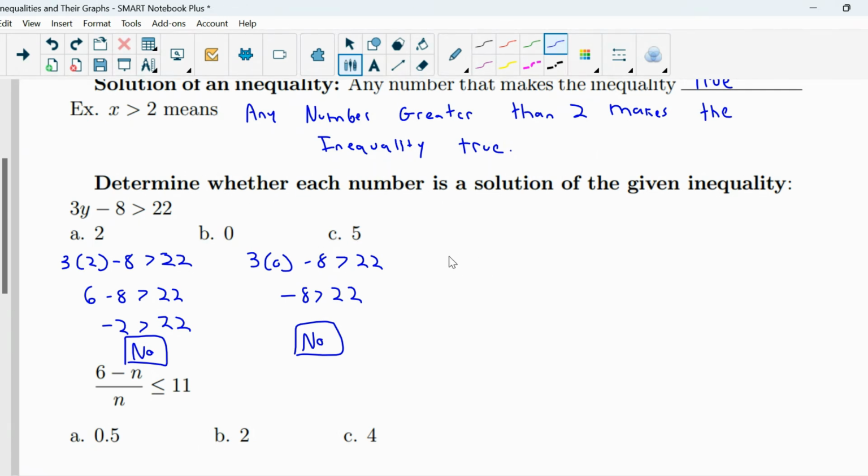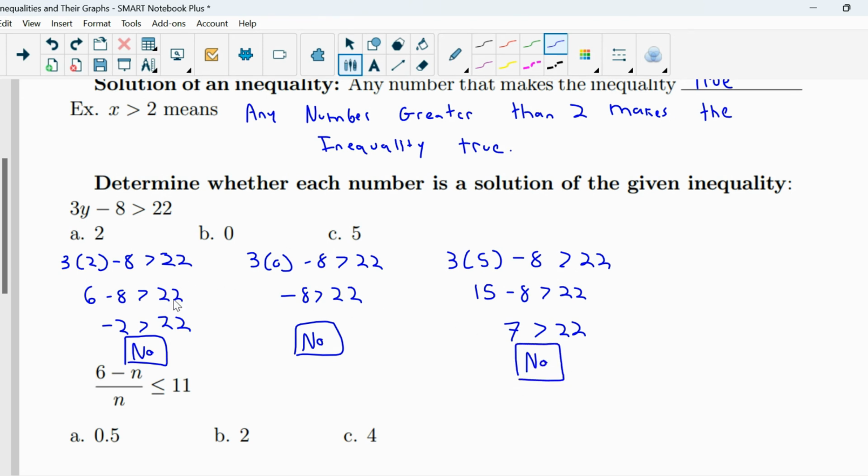Finally, let's substitute 5 into our equation. So that gives us 3 times 5 minus 8 is greater than 22. That will leave us with 15 minus 8 is greater than 22. 15 minus 8 gives us a positive 7 is greater than 22. 7 is not larger than 22, so this is also not a solution.